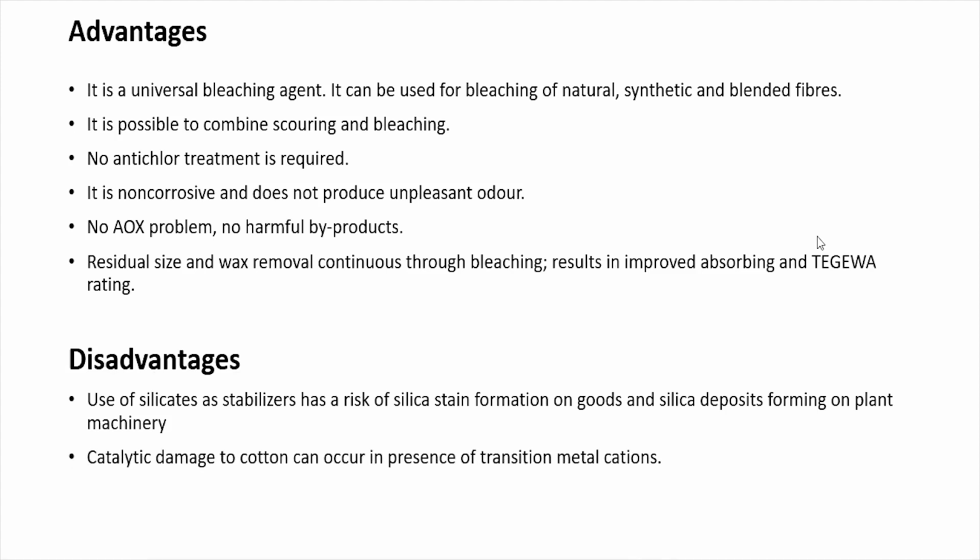Catalytic damage to cotton also occurs in hydrogen peroxide bleaching. So this can be reduced by using a sequestering agent, and it is not as effective as sodium hypochlorite for synthetic fibers.